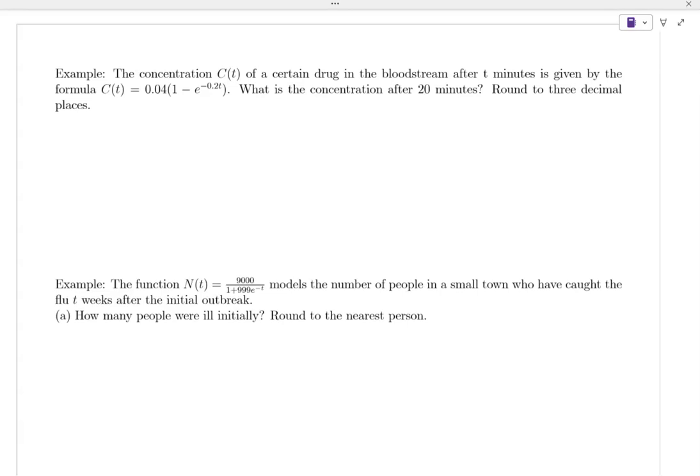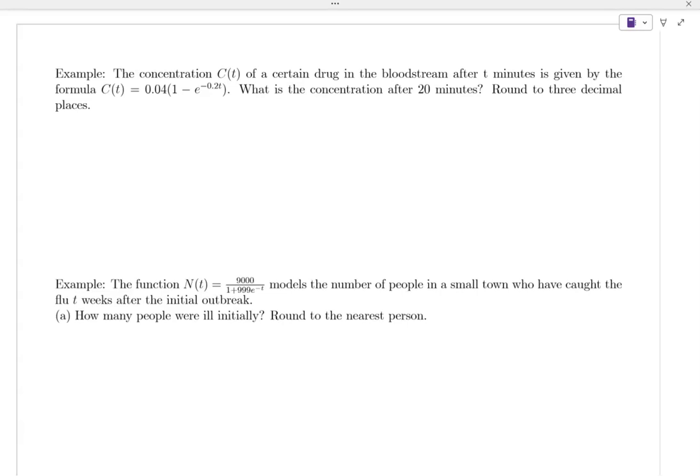So in this case, it's giving us the concentration of a drug in the bloodstream after a certain time. Well, notice that if you put in 0 for t, we get e to the 0. Anything to the 0 power is 1. 1 minus 1 will give you 0.